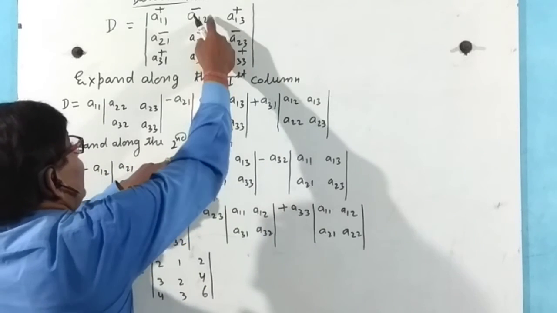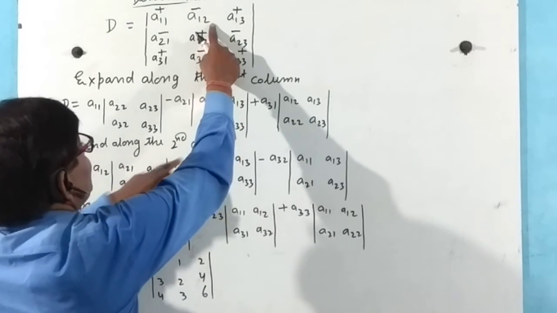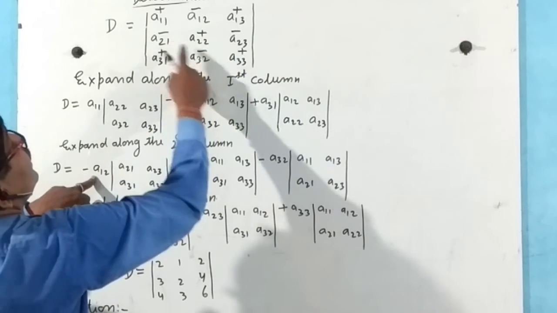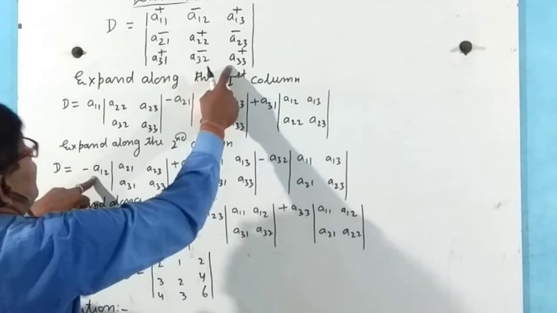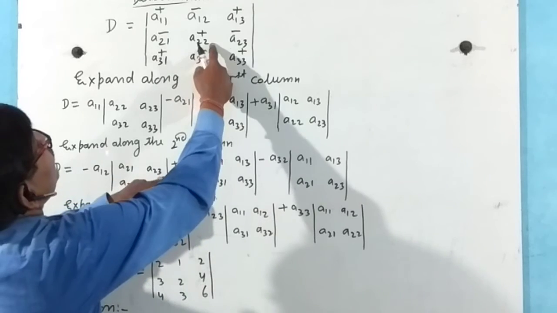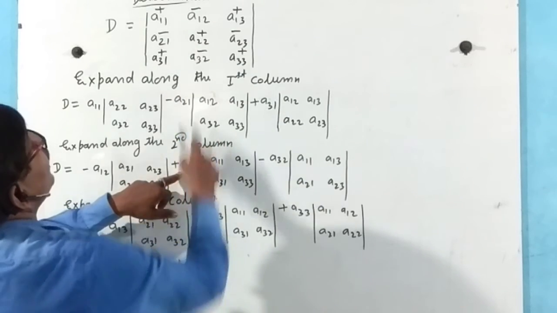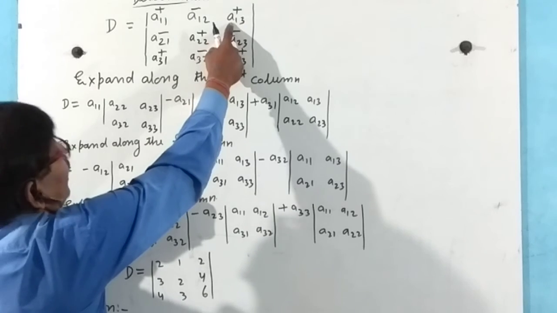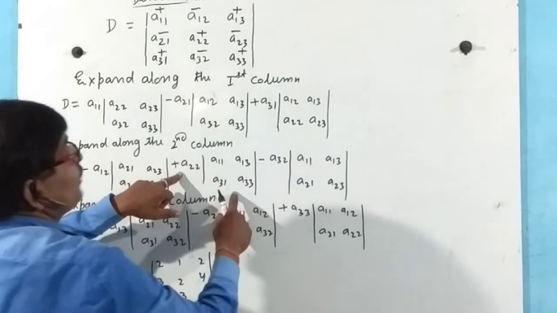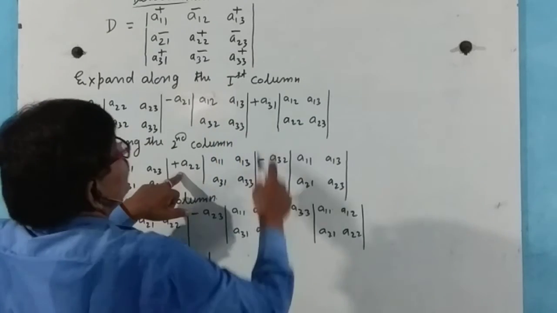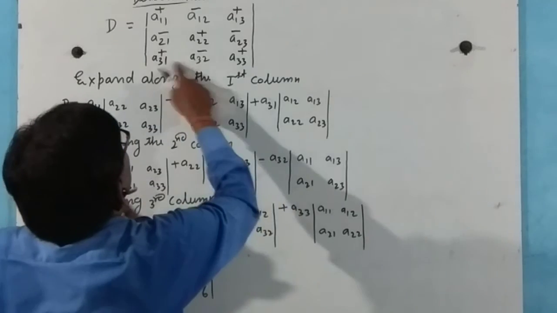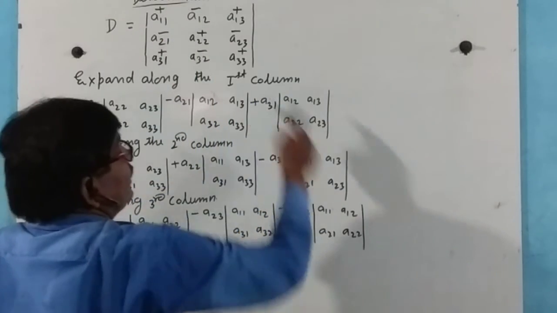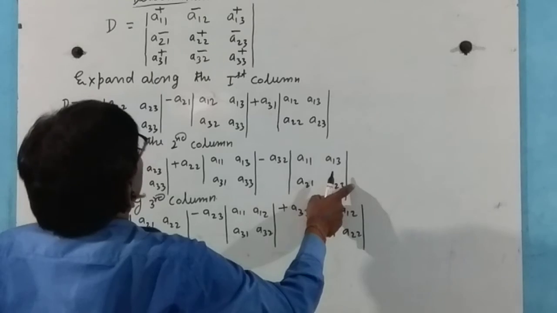This is the second column with negative sign A12 negative deleting this and this term and this term comes here, so that here plus A22 and deleting this and this, so that this term and this term comes here, minus A32 here deleting this and this row and column, so that this and this are present here.